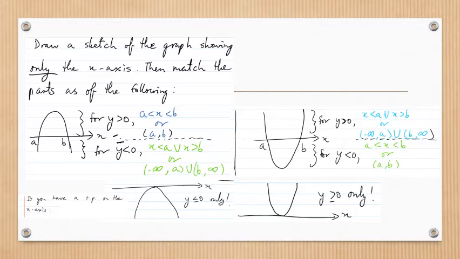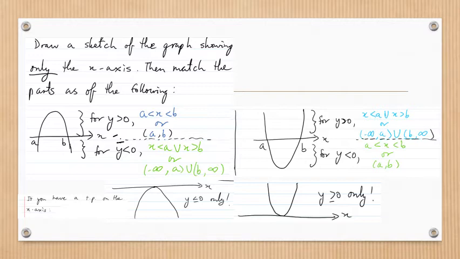Now, if you just have a turning point on the x-axis, then there are only 2 scenarios, and these are the only scenarios you'll have. If you have a turning point where it's a maximum, and the turning point's on the x-axis, then it'll be y less than or equal to 0, because it touches the x-axis.